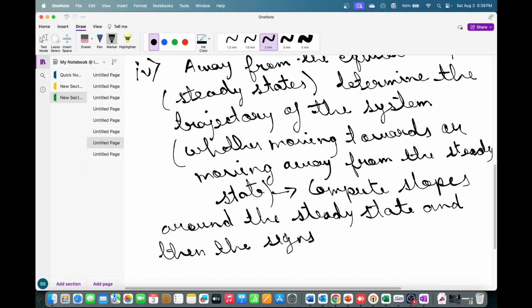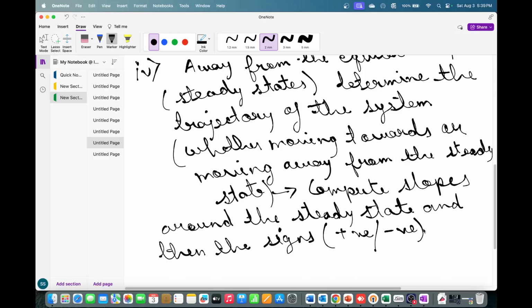Is it positive? Is it negative? Right? Just as we did for a single dependent variable x versus t, similarly we can do for both x and y versus t.